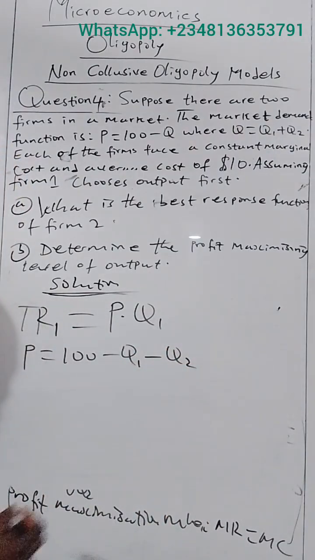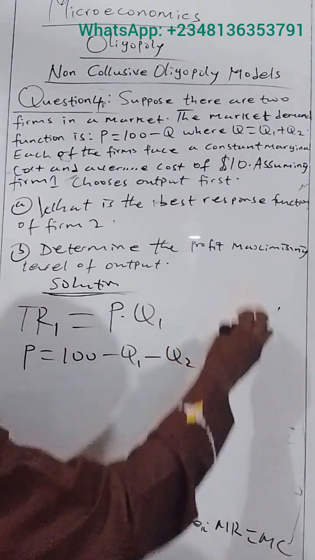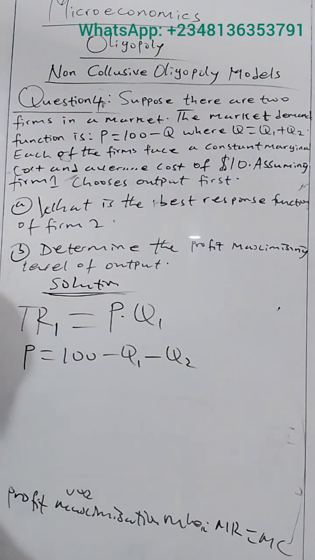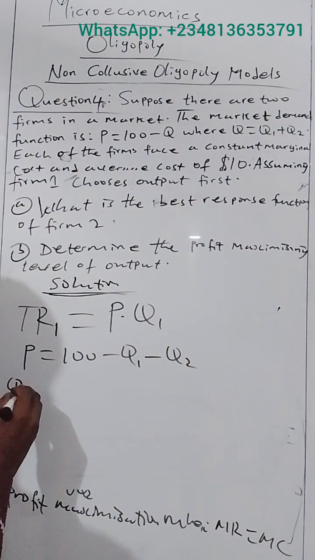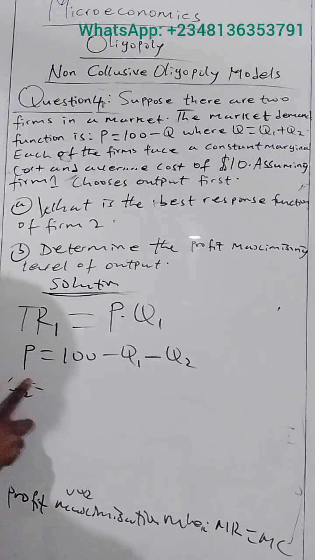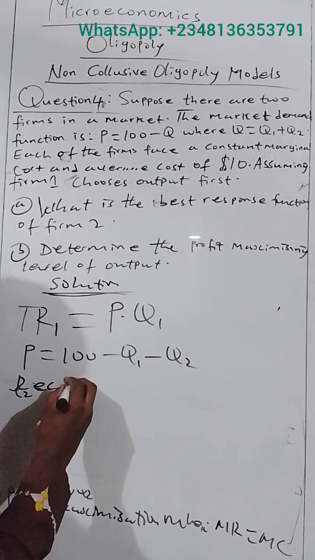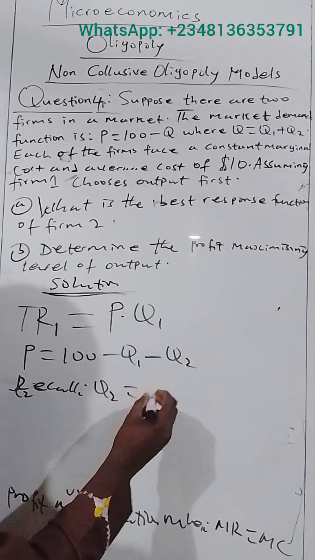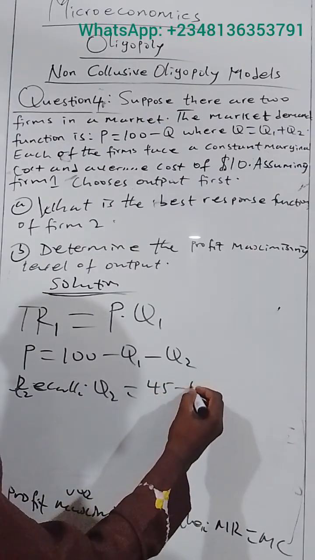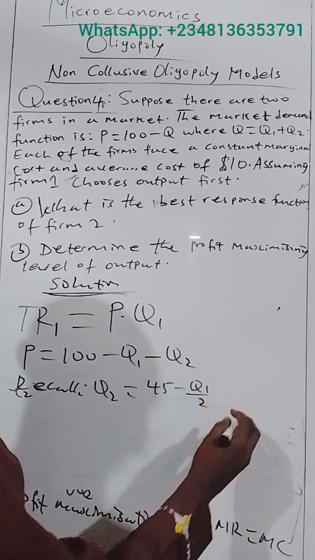Now we also recall that the reaction function of firm 2 we got, that is Q2, is equal to 45 minus Q1 over 2.